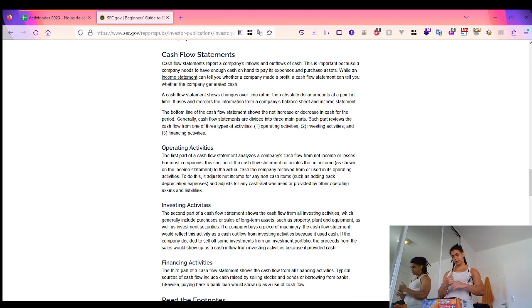Another example is stock-based compensation, where a company issues stock options to executives or awards employees with them. So this is a form of value, but there is no cash involved, and that's the definition of non-cash items, right? They affect the income statement, but there is no cash transaction in the process.